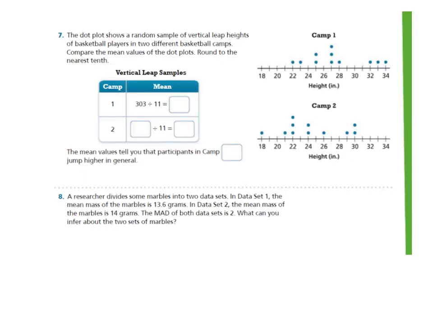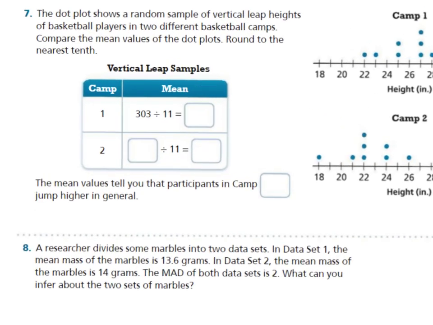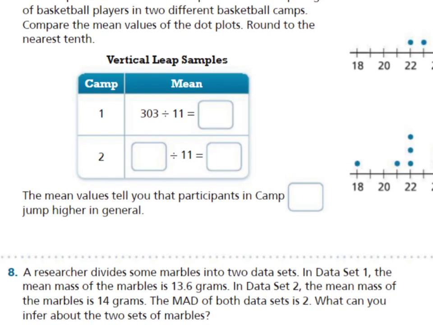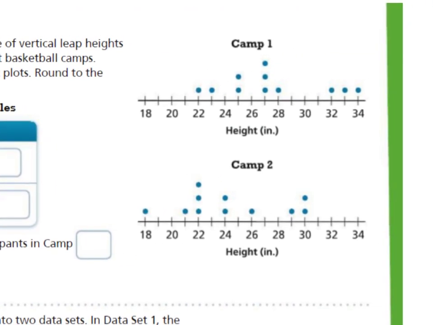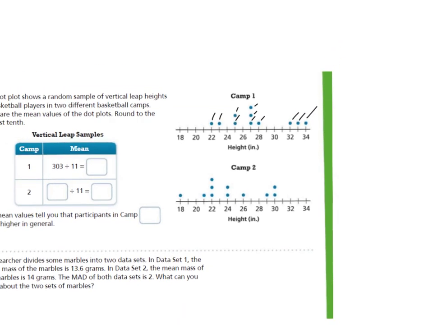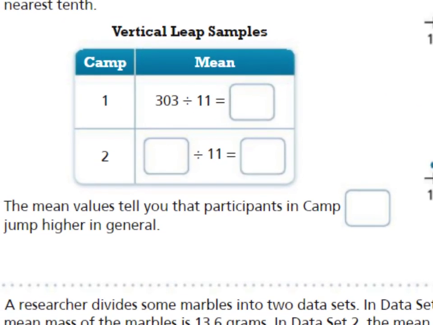Number 7, they have dot plots with random samples of vertical leap heights of basketball players. Compare the mean values and round to the nearest tenth. So Camp 1, they already told you what to do here, but basically you would have to add all these numbers together: 22 plus 23 plus 25 plus 25, 27, 27, 27, 28, 32, 33, 34. Adding those together ends up being 303.